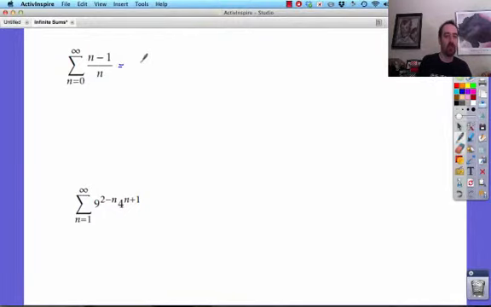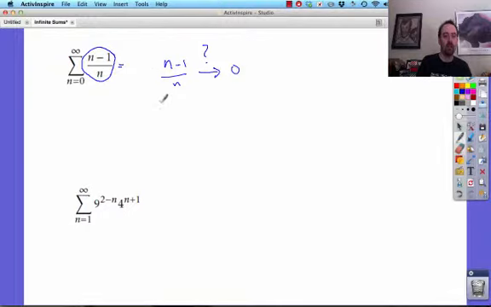Let's look at this one. This is a pretty interesting one. Now, this one we're trying to figure out, does it converge, diverge, and where does it go? Well, let's take a look at this. The divergence test says that if this is going to converge, this sequence better converge to 0. So n minus 1 over n better go to 0. Does that happen?